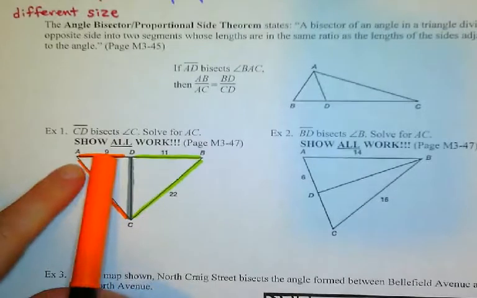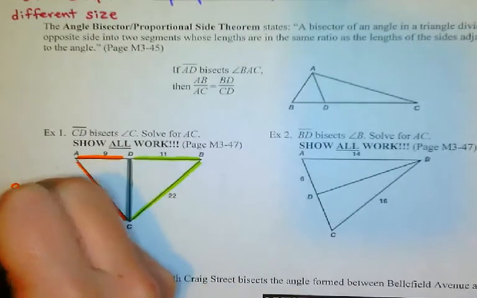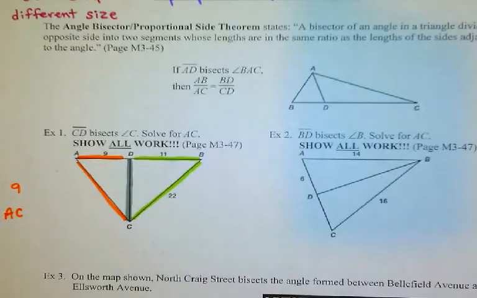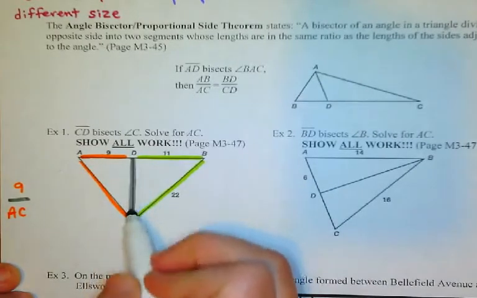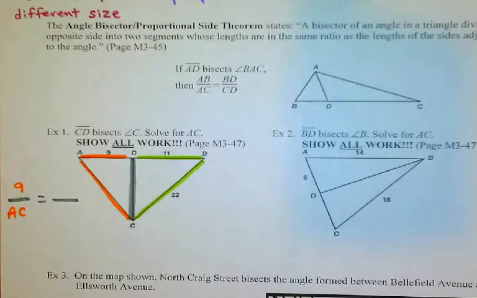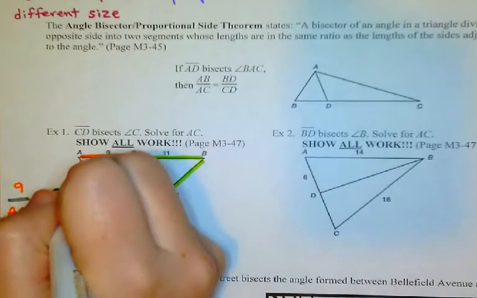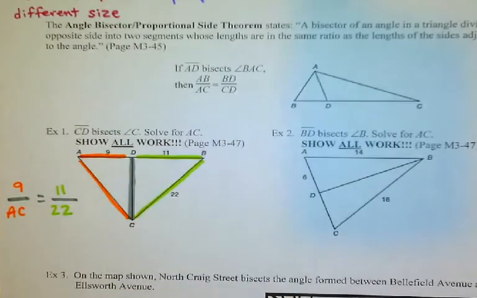So since 9's on top, I'll go ahead and put 9 over AC, and then I'll put the fraction symbol in between, like that. Just see how that's kind of acting as my fraction, and then it's equal to what's touching or next to the 9, which is this 11. 11 is also on top, so this is 11 over 22. And then how do you solve a proportion? You cross multiply and solve for your missing piece.